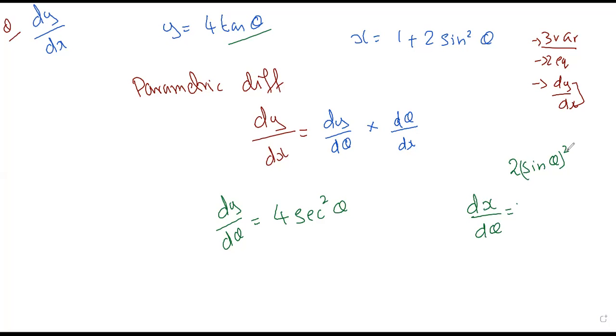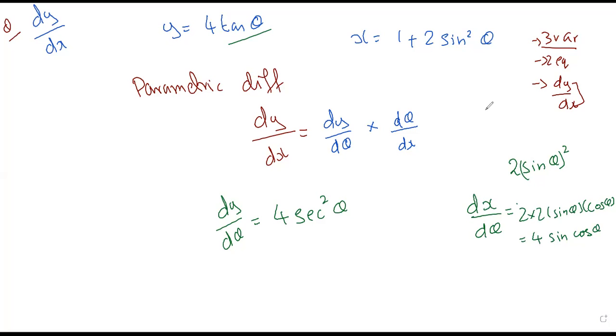Just treat it like a bracket question. And how do you do a bracket question? This 2 would come as it is, you multiply this 2, the bracket part would come as it is, and the derivative of this bracket part would be cos theta. So 4 sine theta cos theta.